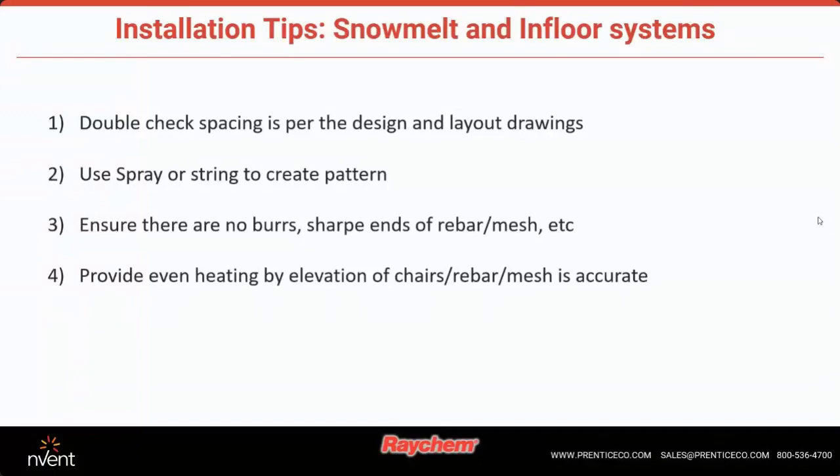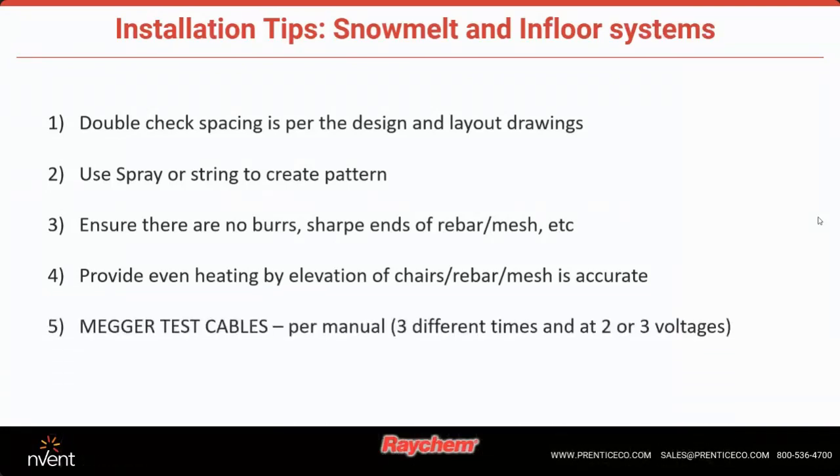If you have a section that the cable is all the way down 4 or 5 inches down to the ground, or you have another area that's 1 inch or less onto the top of the surface, you can get a lot of variations in your melting. You can also cause concrete to prematurely buckle or even bust. So we do want to just make sure that you have an even level on those areas.